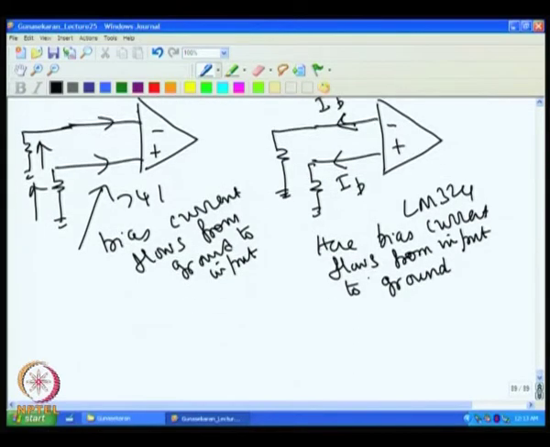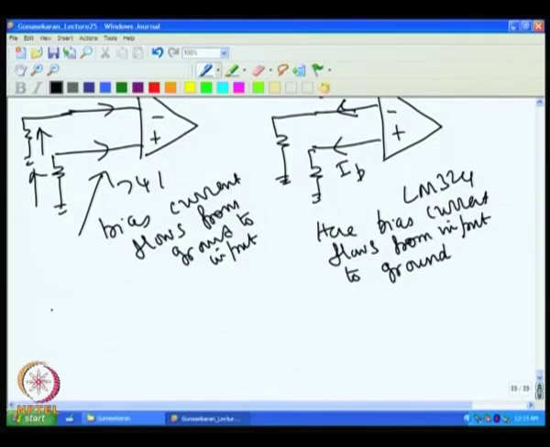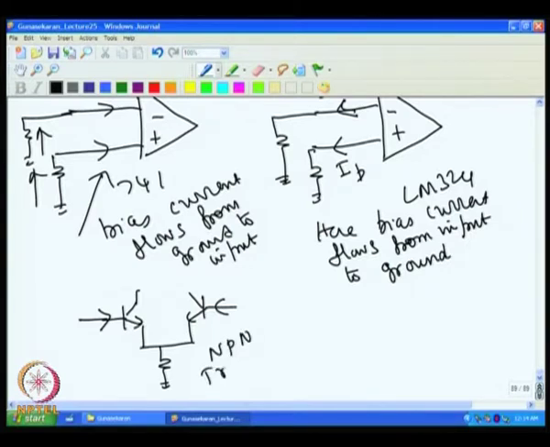This is because in the 741, if you look at the input stage, you basically have NPN transistors. So, current is flowing here, and bias current flows into the terminal.